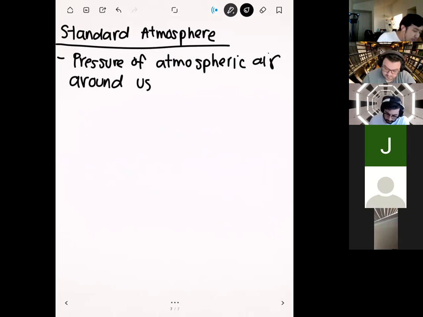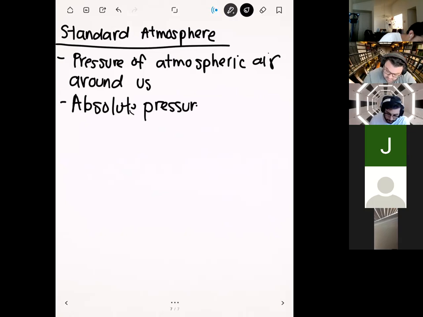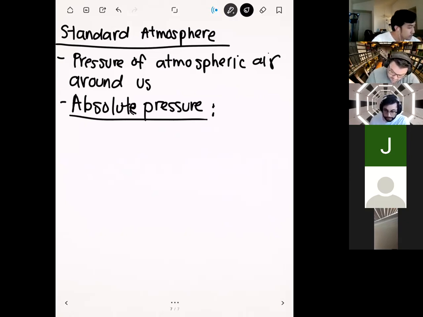So there are 2 kinds of pressures that we have associated with this. The first pressure is the absolute pressure. The absolute pressure includes the effects of atmosphere. Another way to say this is pressure that's measured relative to a vacuum.